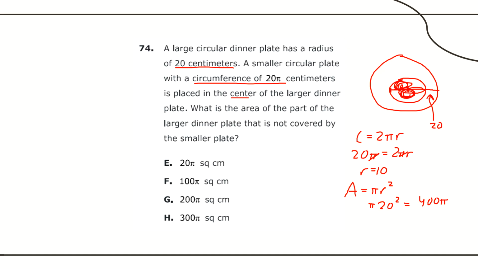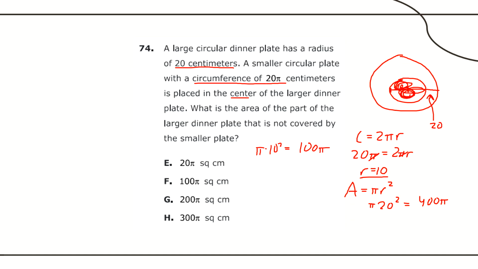Okay, so that's the area of the larger one. Now, in order to see how much isn't covered, we would have to find the area of the smaller one. So what's the area of a circle with a radius of 10 as we found here? That would be pi times 10 squared, giving us 100 pi.